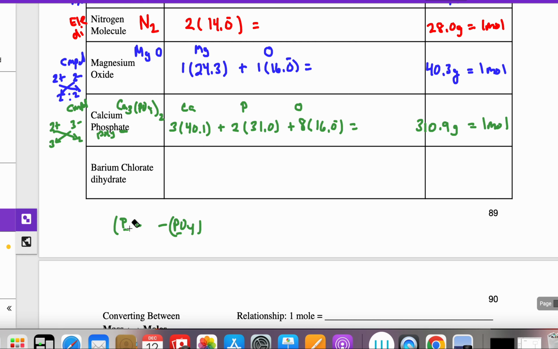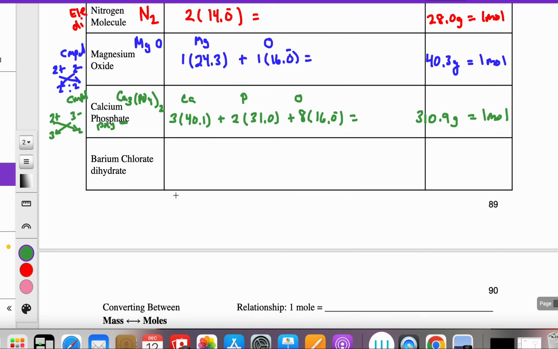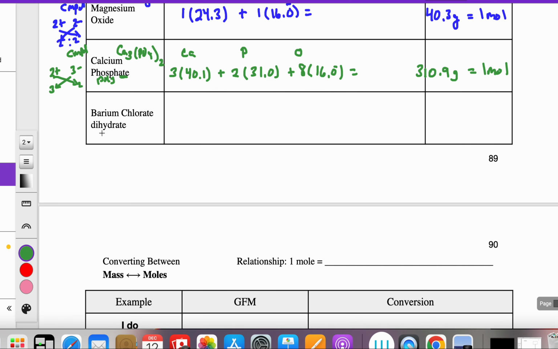So I need to erase this down here at the bottom. I'm going to need a little bit of room. Okay, so the last example here is a hydrate. So I can tell that because I see the word hydrate here. So a hydrate is simply, we have a salt that is surrounded by a certain number of waters.